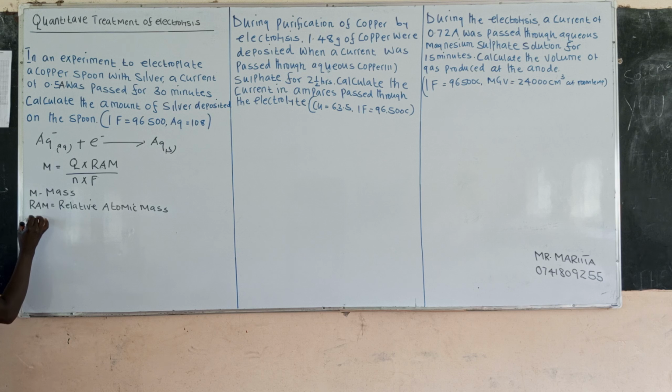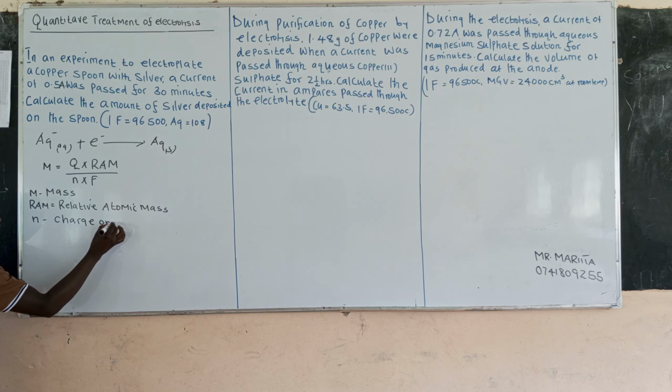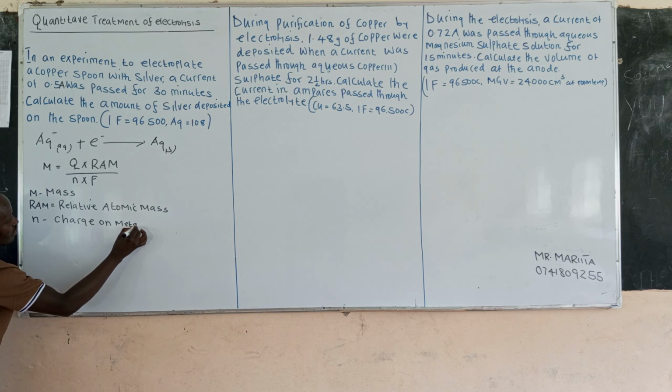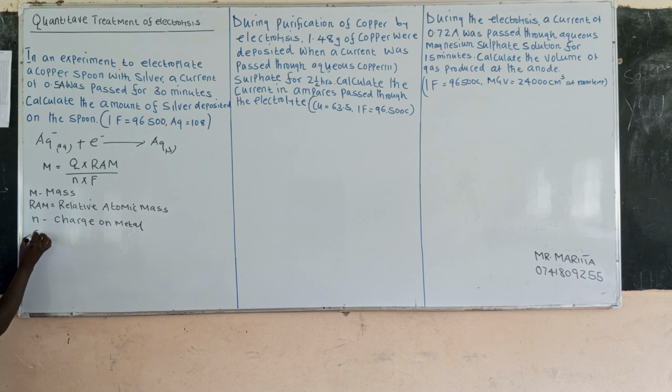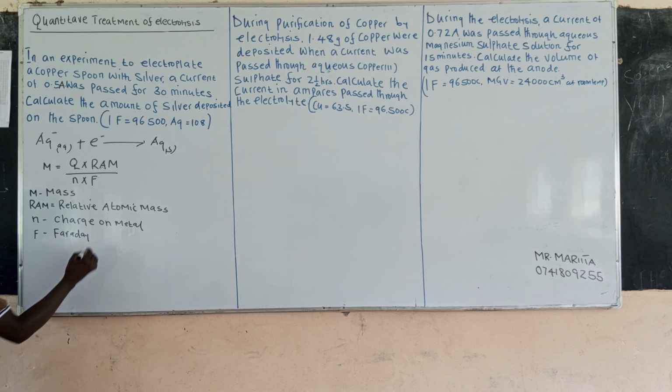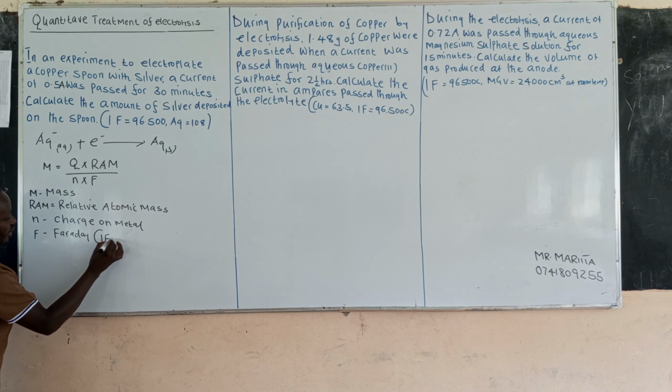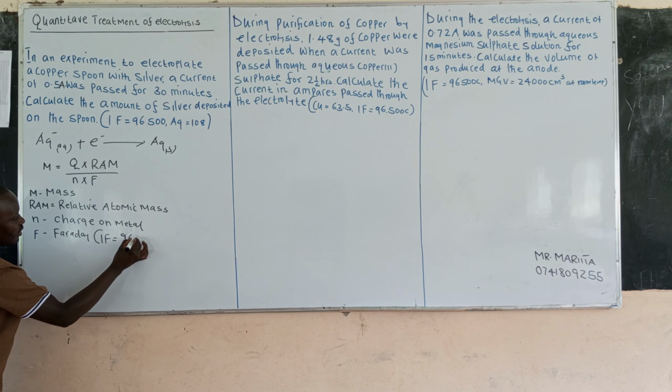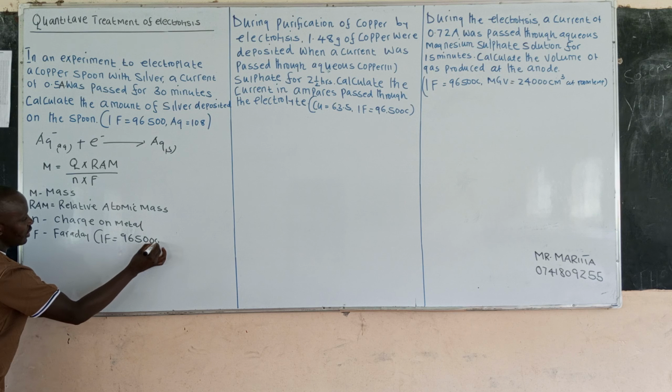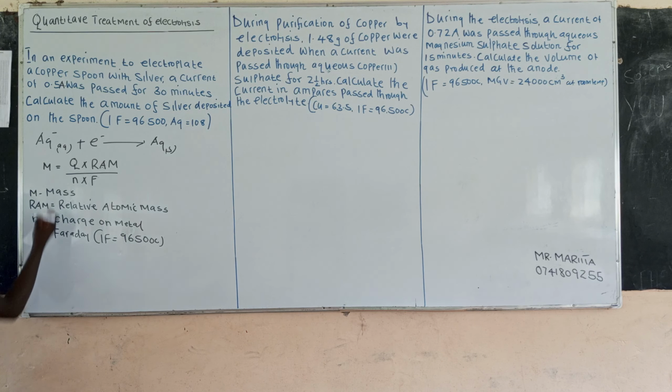Then we have n, which represents the charge on the metal in that case. And then we have F, which represents the Faraday constant. So we have 1 Faraday, which is equal to 96,500 coulombs. So we need to get Q, the quantity.